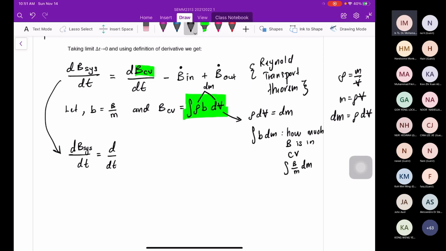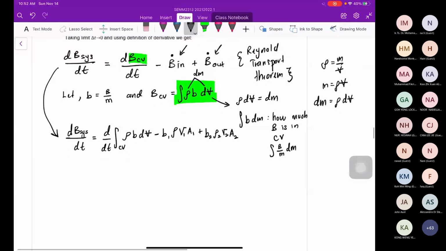Okay, I replace here with the integration over control volume of rho b dV minus b1 rho 1 v1 A1. This is velocity, yeah. Represent this one. Minus, and then this is plus, represent this one. Later on, I will explain. Plus b2 rho 2 v2 A2.